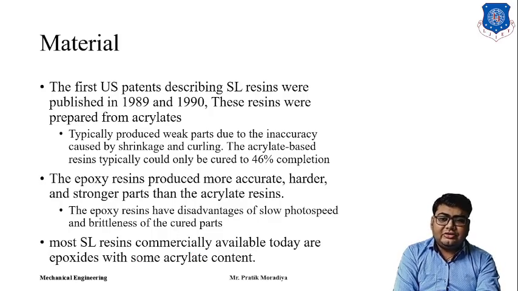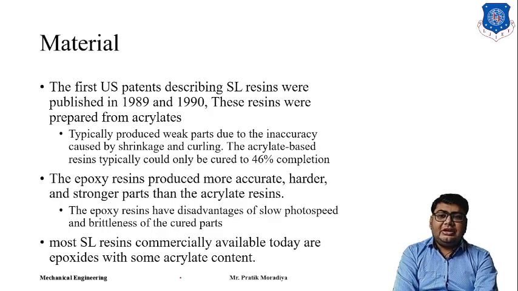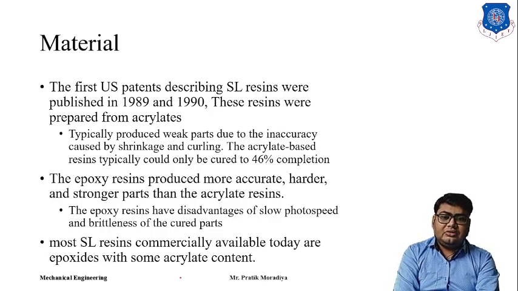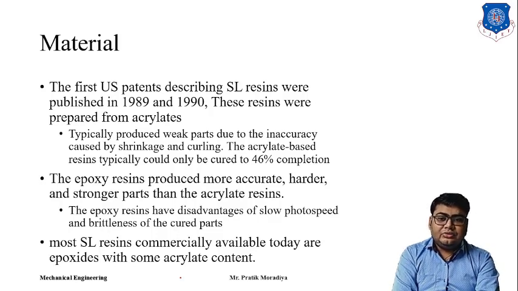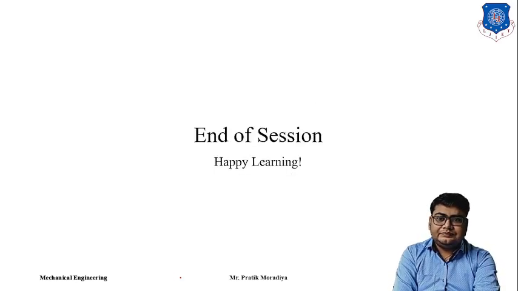Most of the commercial resins, and there are many, are a combination of epoxy and acrylic, and depending on the strength required and the speed you require, you can choose which SL material you want to use.